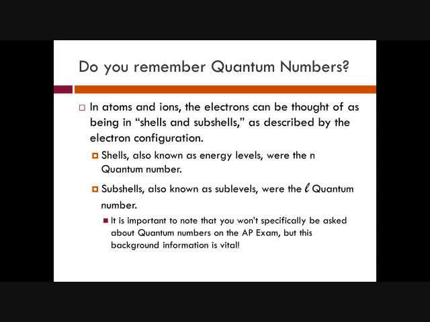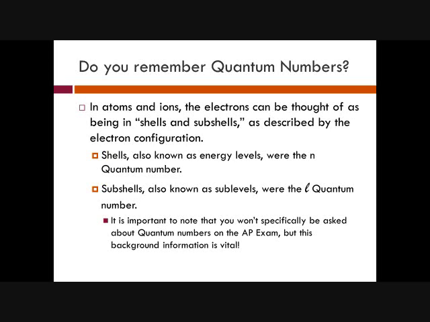In atoms and ions, electrons can be thought of as being in shells and subshells, as described by electron configuration. Shells are also known as energy levels, where the n quantum number, and we have 7 energy levels because there are 7 rows on the periodic table.